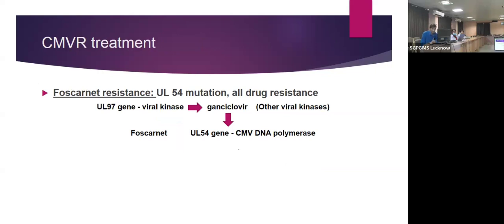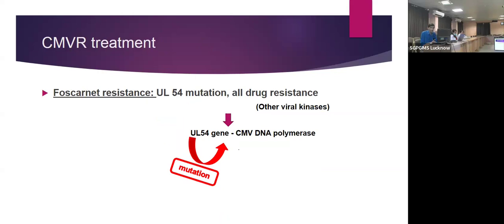And how does it work? Foscarnet acts on this polymerase, and this becomes mutated. When it gets mutated, this polymerase becomes able to use other viral kinases that are not targeted by any drug.